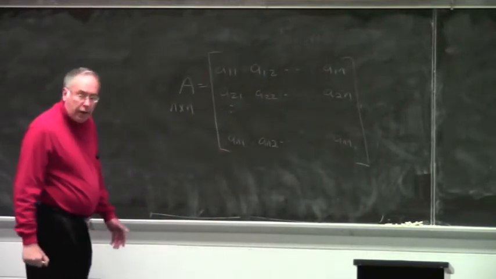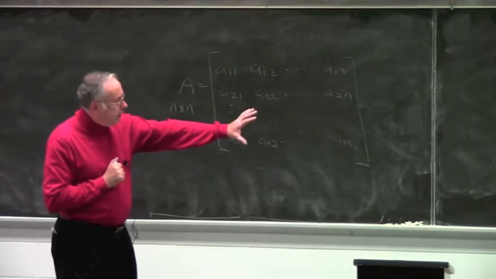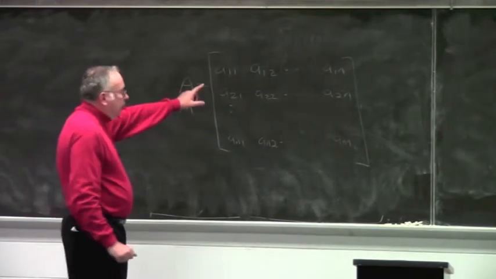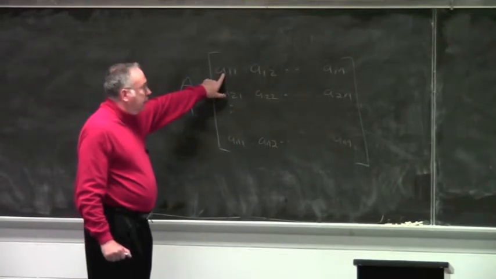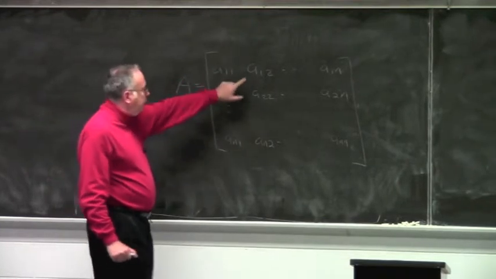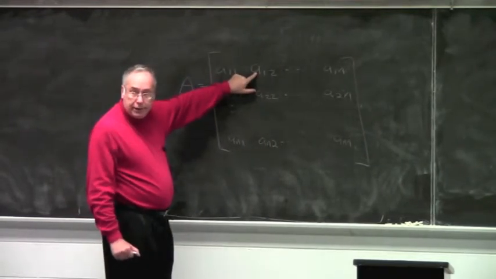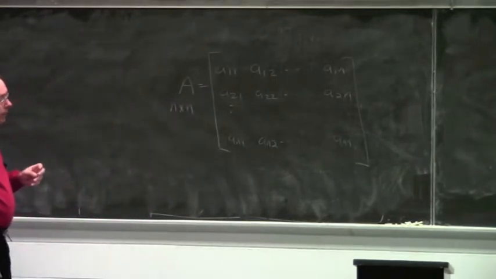So you're starting off with this original A matrix that's n by n. This cofactor matrix is just the cofactors of each of these elements. So C11 is just the cofactor of this element. C12 is the cofactor of that element, etc. Okay, so C and A have the same dimension.